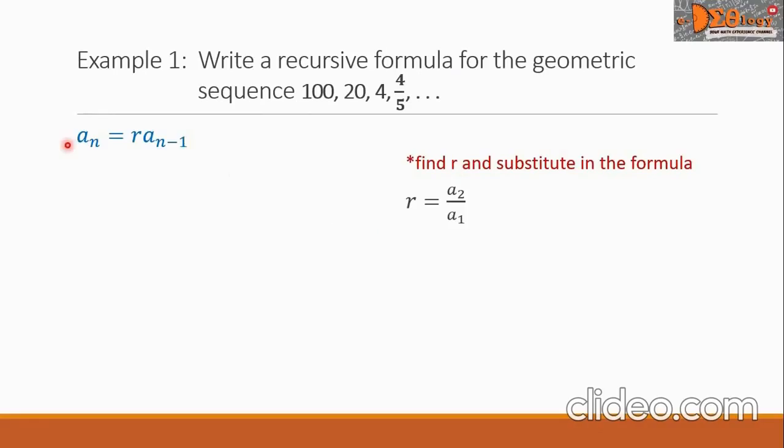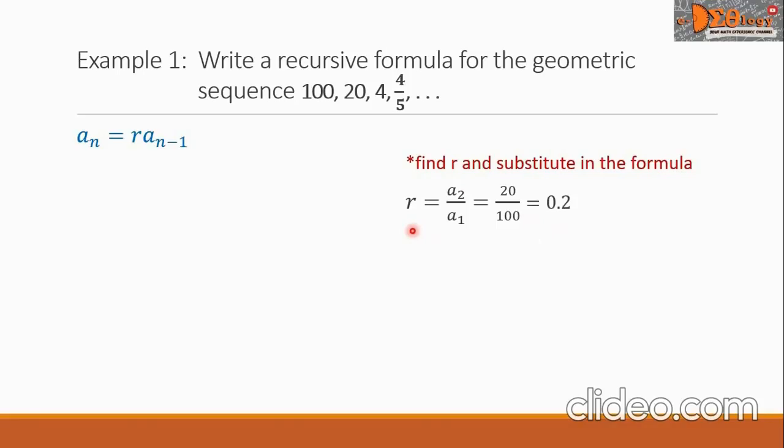So to get the r, we will take any two consecutive terms in our geometric sequence. Let's say we take a sub 2 over a sub 1, and that is 20 over 100. Using our calculator, we will have 0.2 as the r.